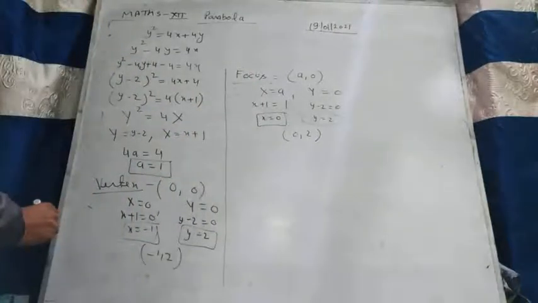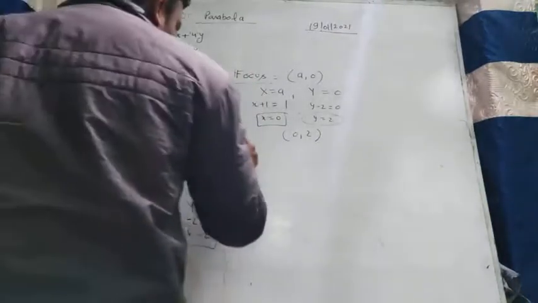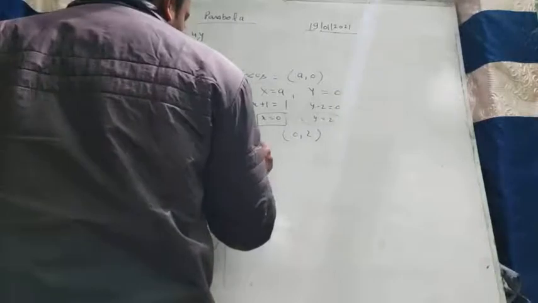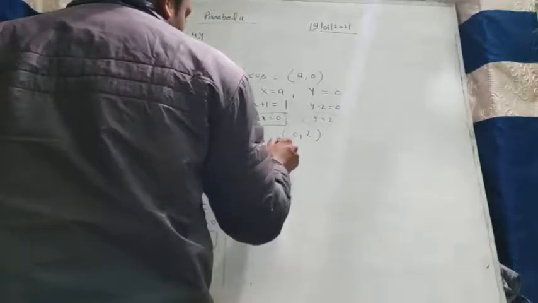Now we have to find its directrix equation. So in this case our directrix is x plus a is equal to 0, student.